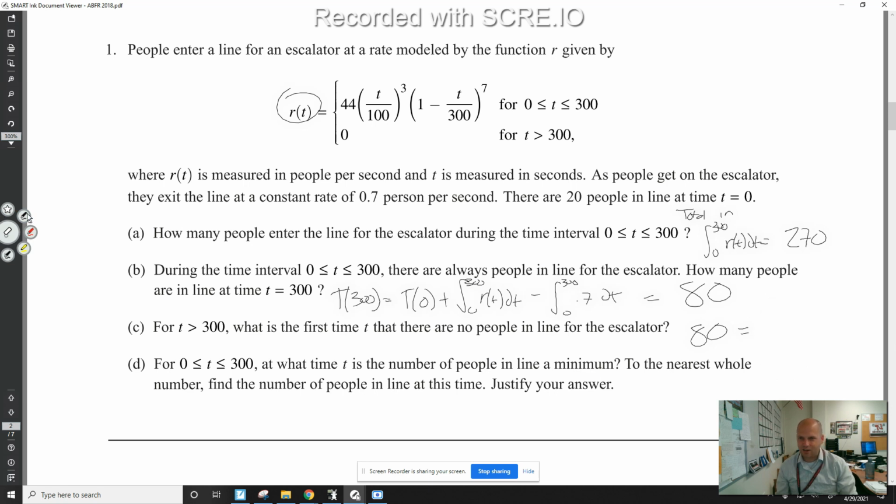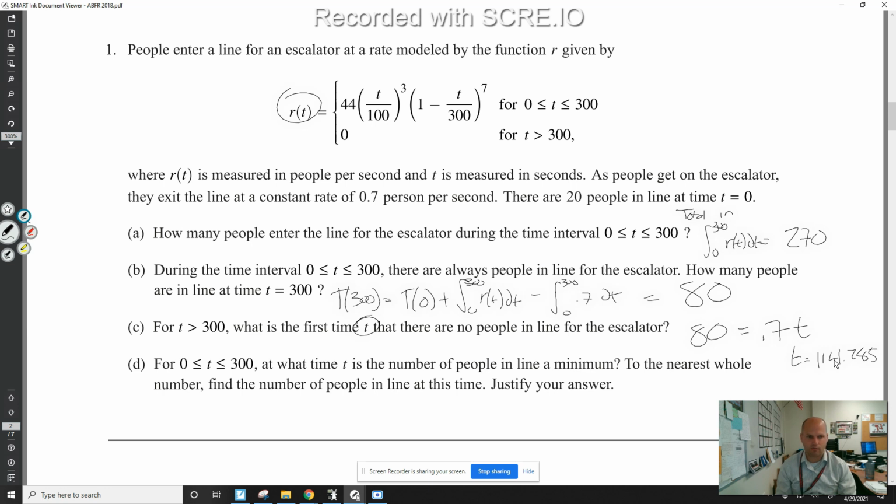I don't want to trick people up. I think people would naturally do this: 0.7 per second. How many seconds does it take to get 80? 80 divided by 0.7 is 114.285. But at what time t?